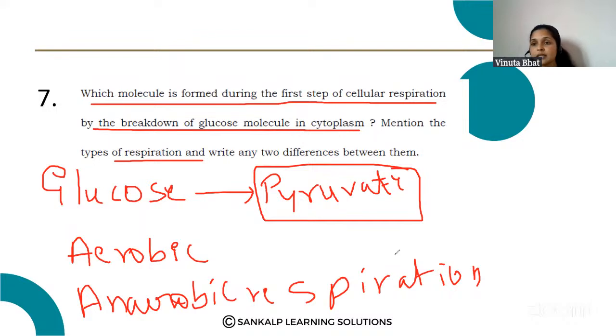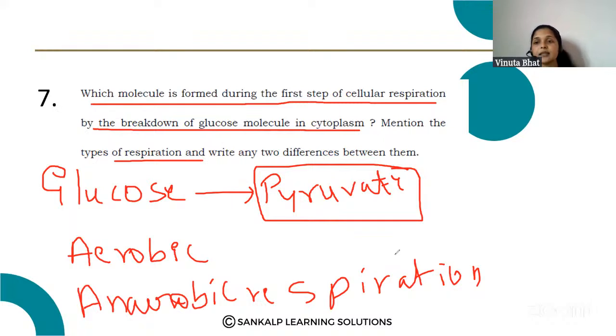Aerobic respiration takes place in the presence of oxygen, where the breakdown of the pyruvate molecule takes place. Anaerobic respiration takes place in the absence of oxygen. Aerobic respiration produces a large amount of energy compared to anaerobic respiration, so anaerobic respiration produces less energy. Then the products in aerobic respiration are carbon dioxide, water, and energy.